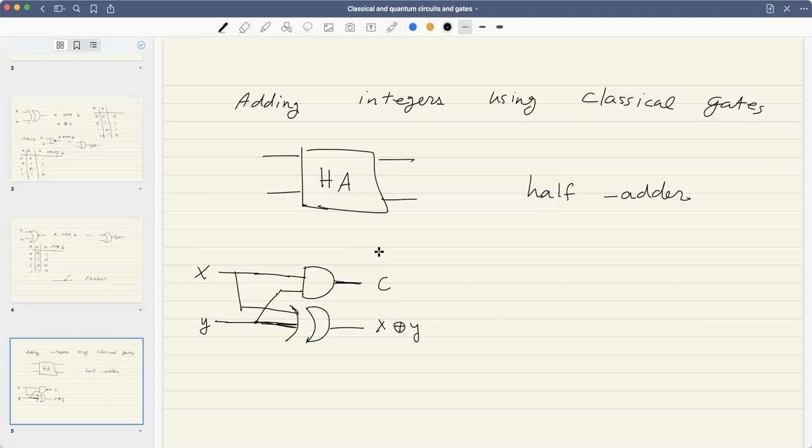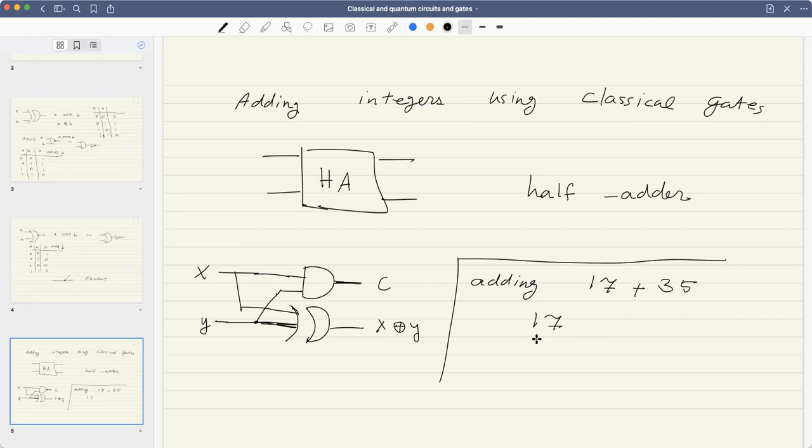So let's go back to, I don't know, first grade or second grade or whenever it was, adding numbers, and they're in base 10. So adding, let's do 17 plus 35. So how do we do this? Well, I write 17, I write 35 below it.